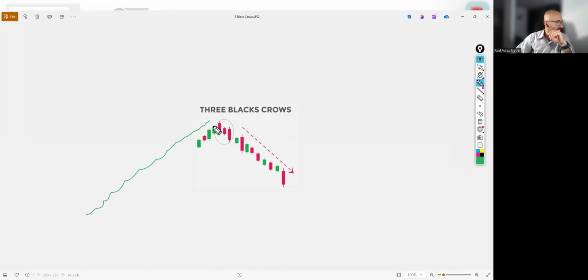And suddenly I can see that the top candle, the first one of the black crows, opens above and closes, opens above the previous bullish candle. And the next one continues with lower lows, lower highs. So that is a good indication that we are in the presence of three black crows. Let's see the pattern on our charts.